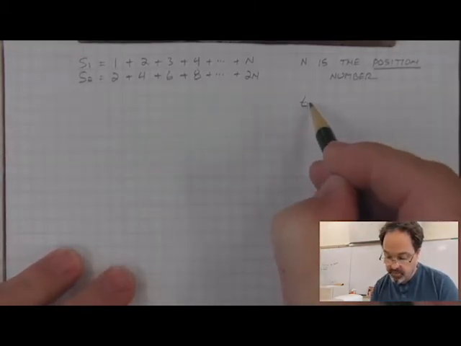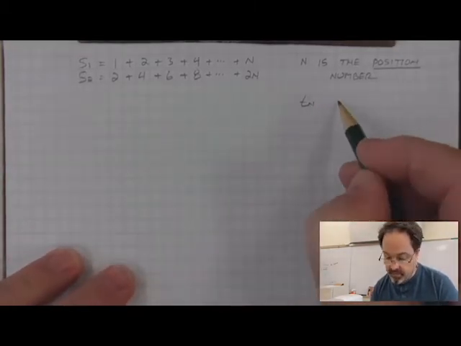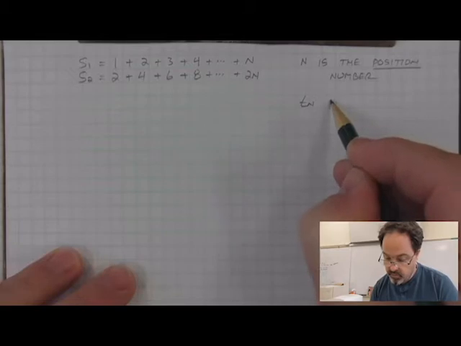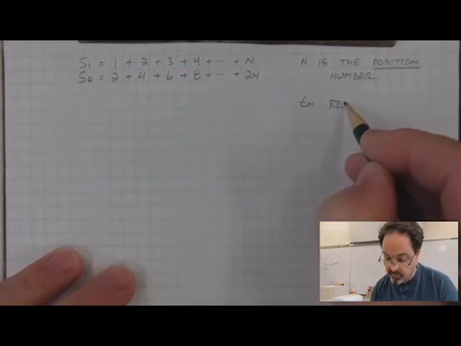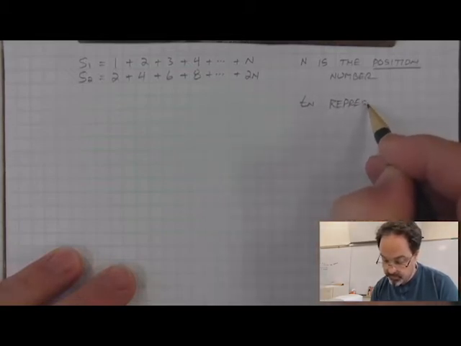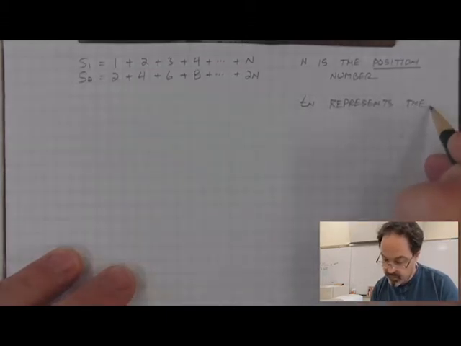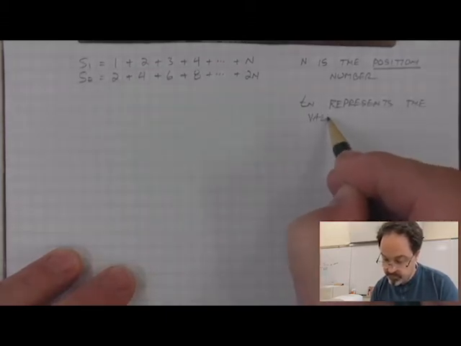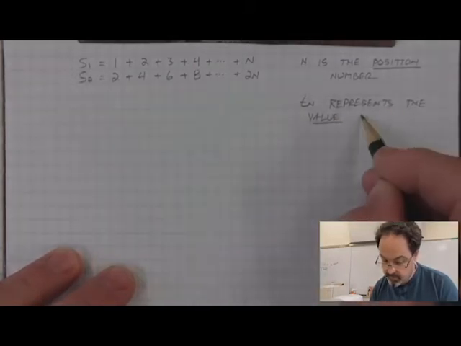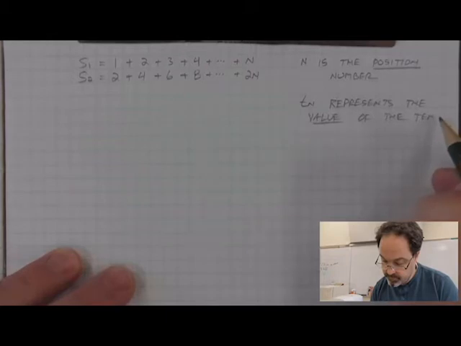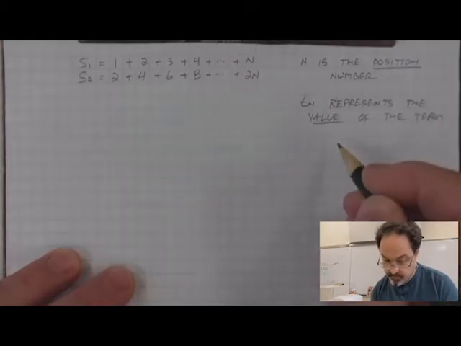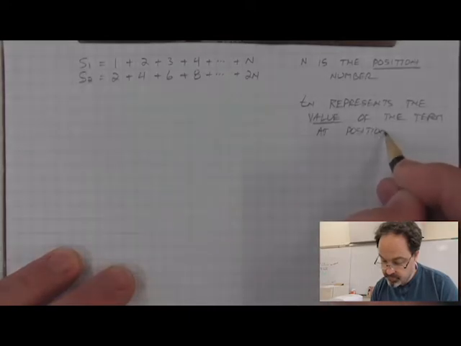We'll recall that the notation t sub n represents, in general, the value of the term at position n.